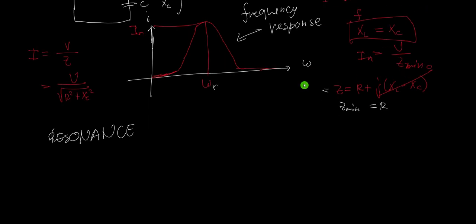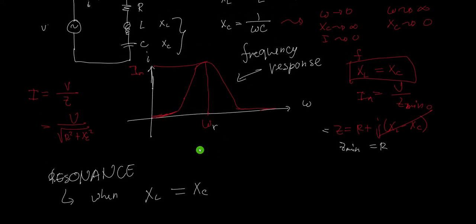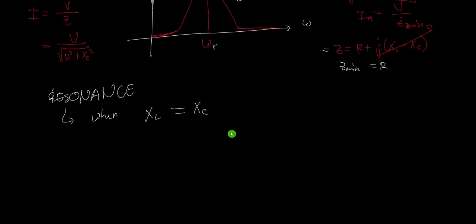And resonance is defined as a phenomenon when XL is exactly equal to XC, when the inductive reactance becomes equal to the capacitive reactance. That phenomenon is called resonance. And the frequency that makes them equal, we call the resonant frequency.